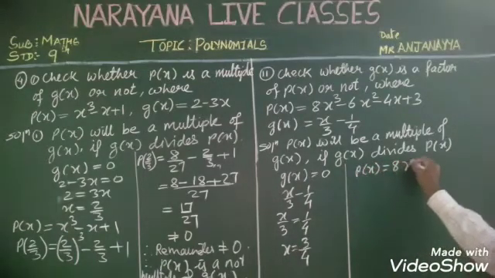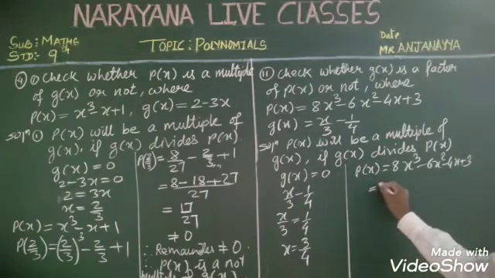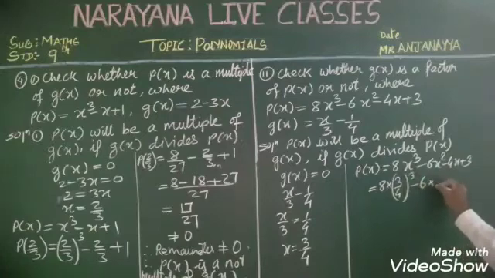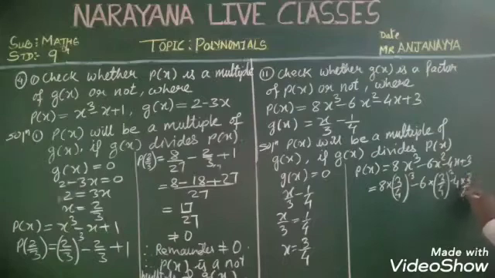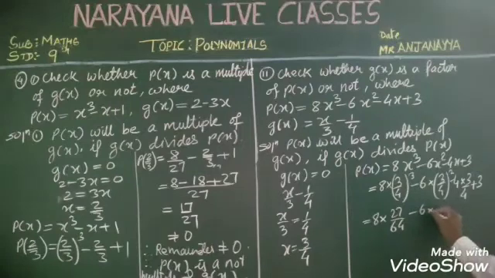That is 8 x cube minus 6x square minus 4x plus 3. In this I will substitute: 8 into 3 by 4 the whole cube, minus 6 into 3 by 4 the whole square, minus 4 into 3 by 4, plus 3. Further I simplify: 8 into 27 upon 64 minus 6 into 9 upon 16, the 4 gets cancelled, and plus 3 minus 3 will also get cancelled.